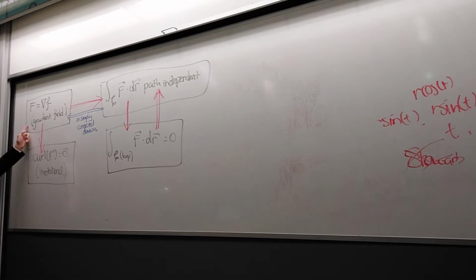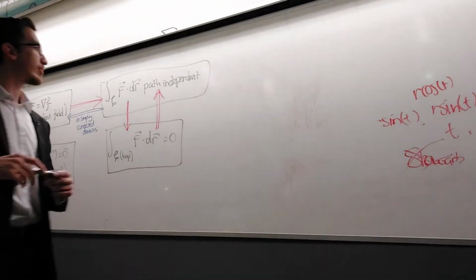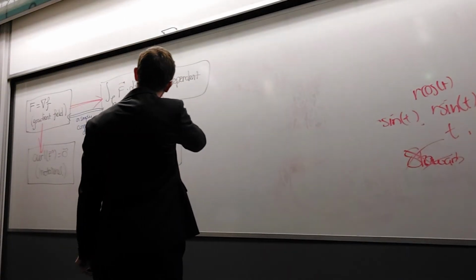If this is true, give me an example where this is true but this is not true. The spiral. The spiral example gives you an illustration of an irrotational vector field which is not a gradient field.